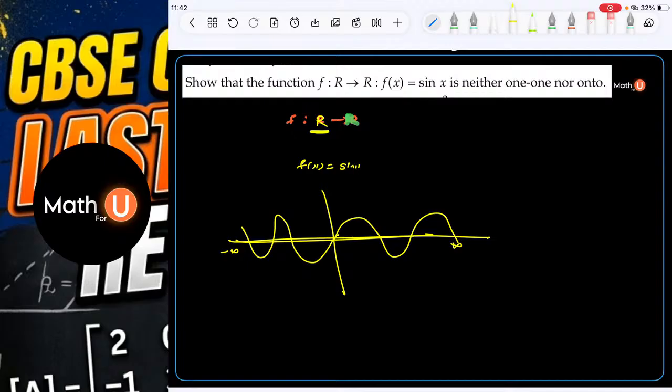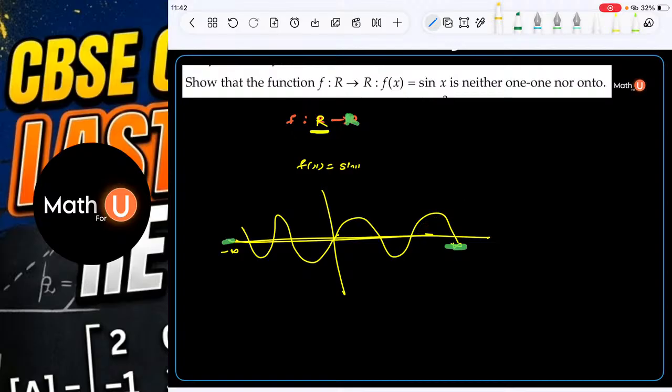The domain is given as minus infinity to infinity. Throughout this domain, the function is decreasing, increasing, decreasing, increasing, like an oscillating function.